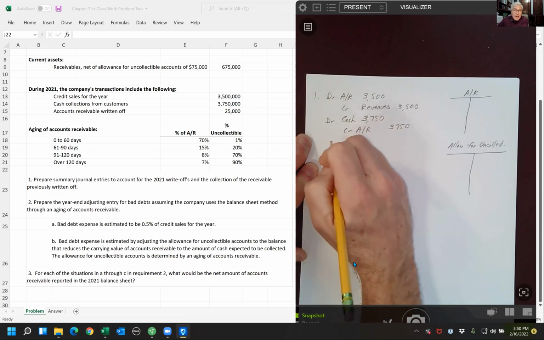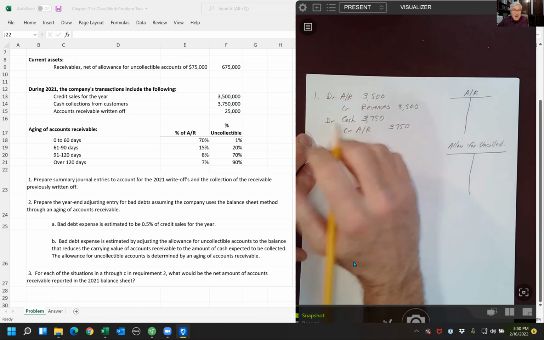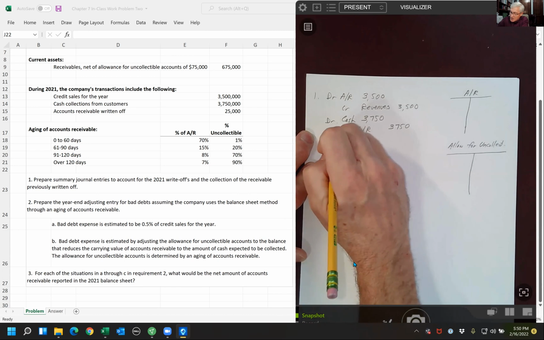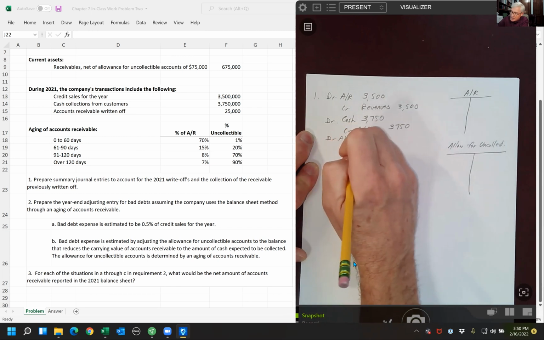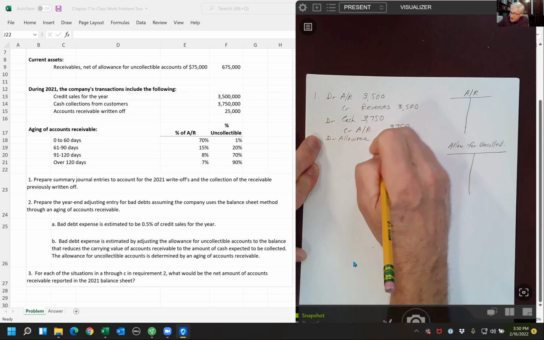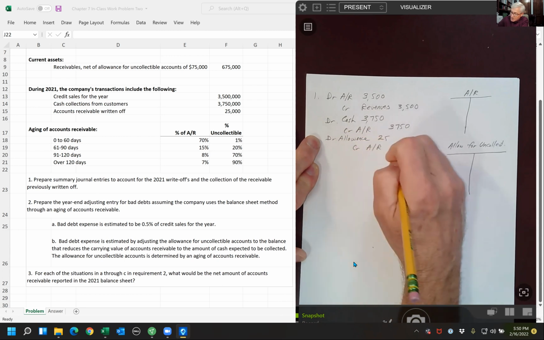And the last entry, and again, there's only 4 entries we're ever going to do in this part of this chapter, we're going to write off receivables of 25,000. That means we're going to reduce receivables and reduce the allowance. I'm just going to call it the allowance here, and that's 25. And I'm going to credit the AR for 25.